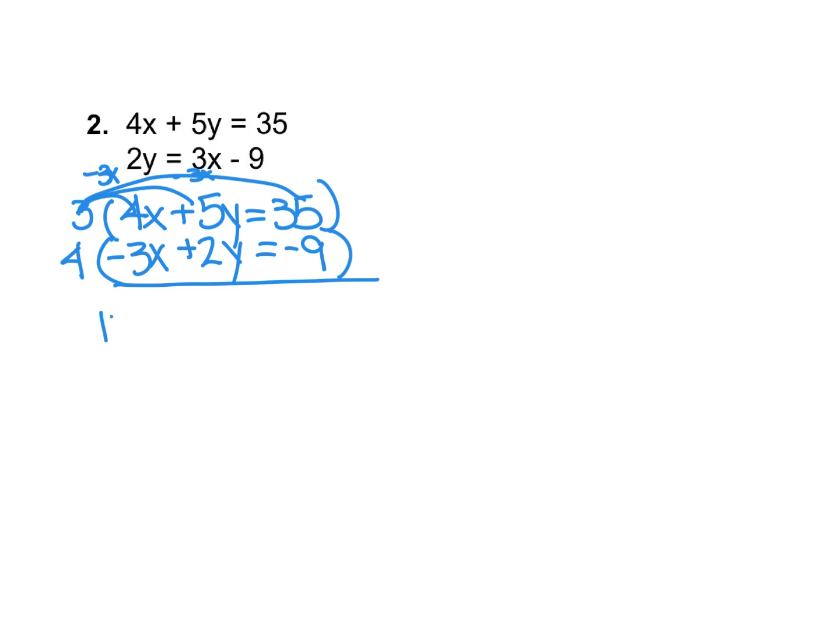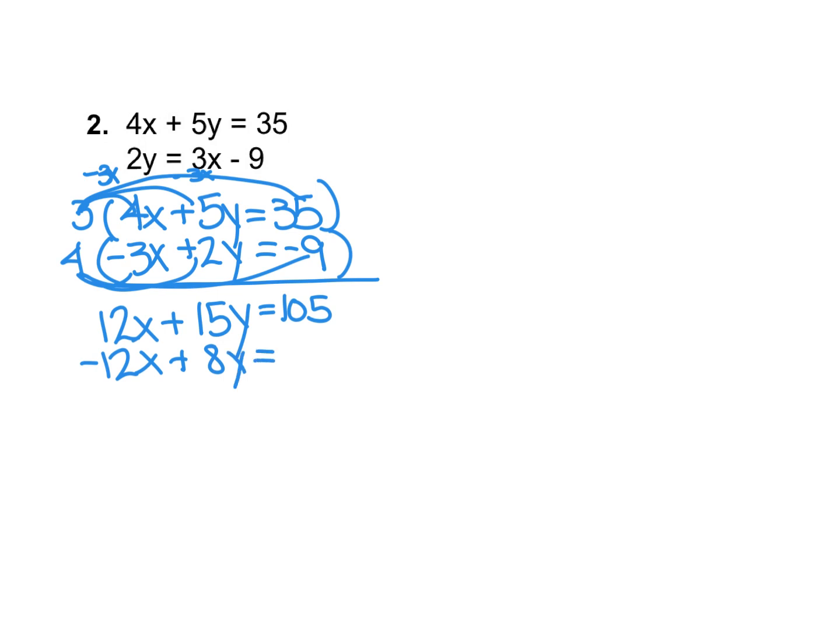So I'm going to have 12x plus 15y is equal to 105. And then we're going to multiply the bottom by 4, so we have negative 12x plus 8y is equal to negative 36.